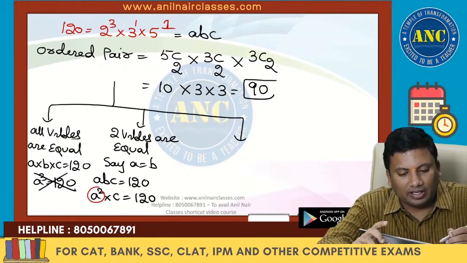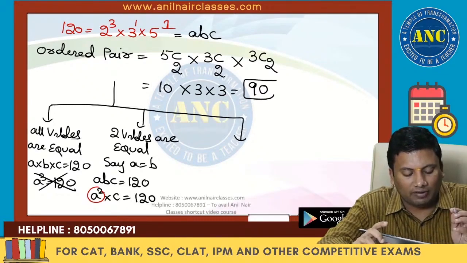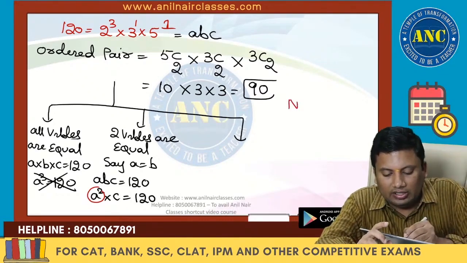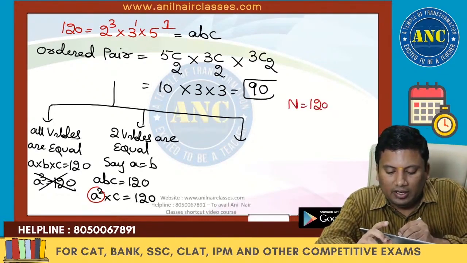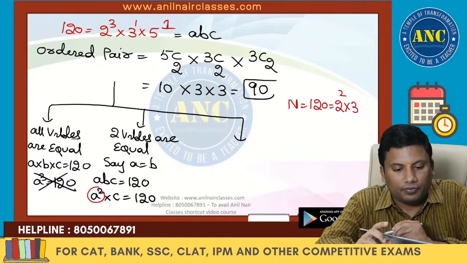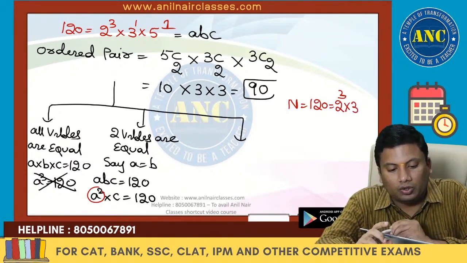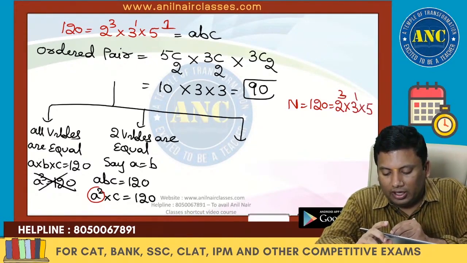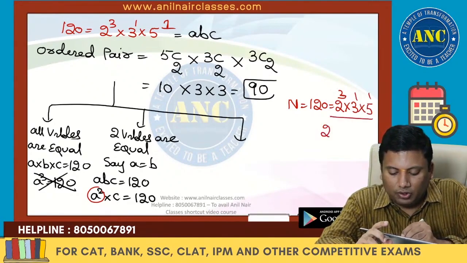Which perfect squares can I take out of the factors? So n is nothing but 120. 120 is 2 cube into 3 into 5. What are the perfect squares that are possible?